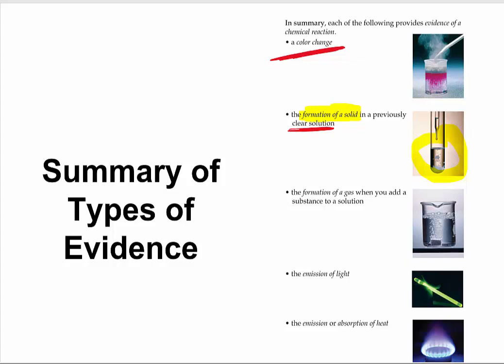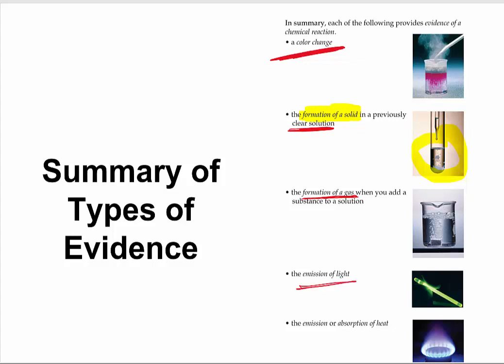Anytime a gas is produced when you add two liquid solutions together, or when you add a liquid to a solid, then you know that a chemical reaction has occurred.